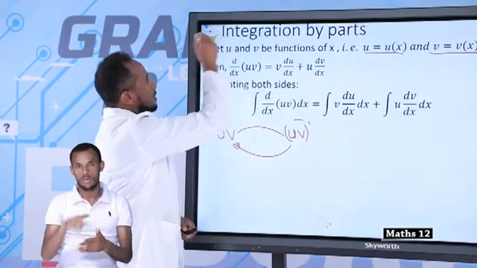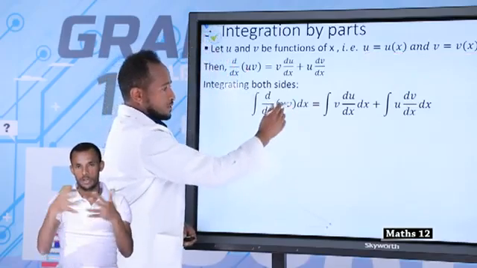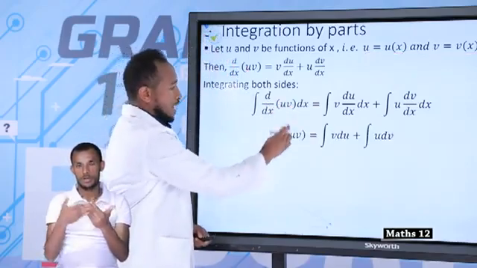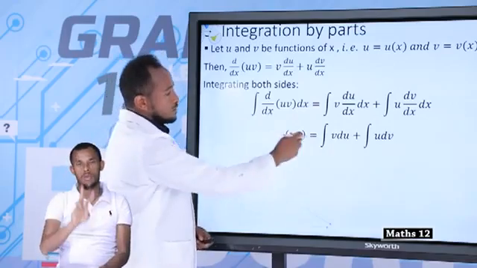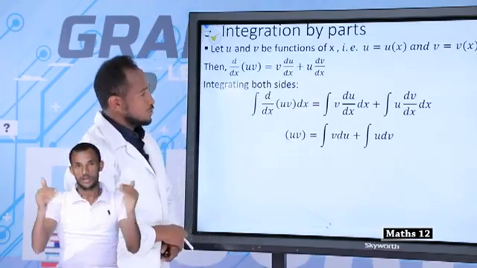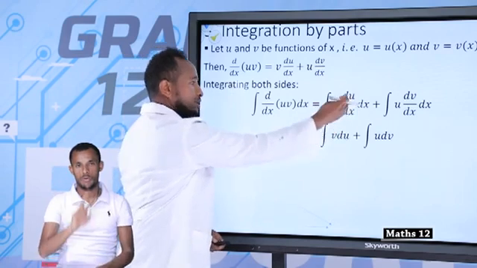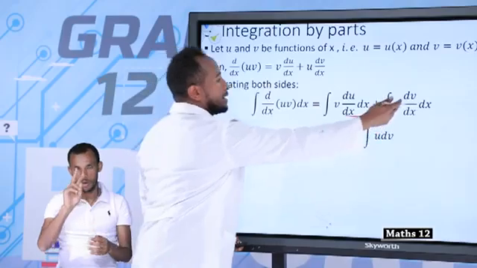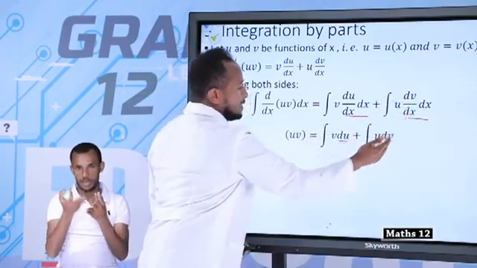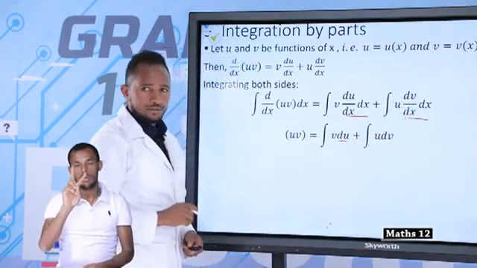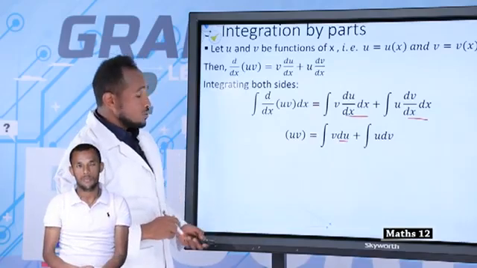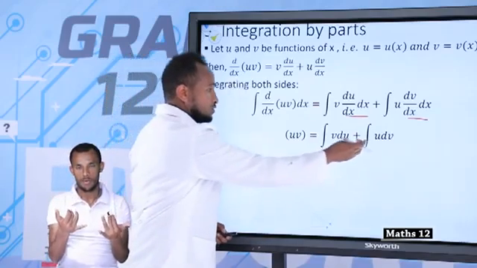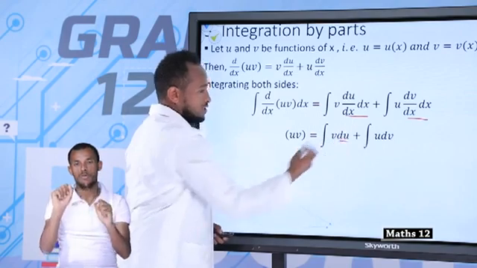Therefore, the integral of this expression is simply u times v. So this is equal to v times, assume this to be du, plus u times, assume this expression to be dv. So you will have this one. Now let's try to solve for one of the two.